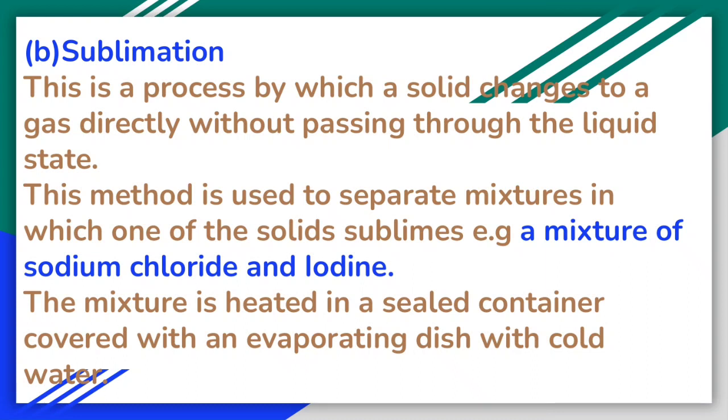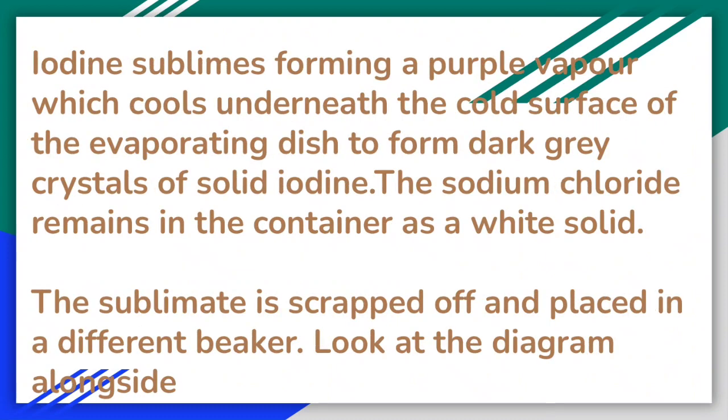So, this mixture is normally placed in a sealed container which is covered with an evaporating dish with cold water. What happens is that when you heat the iodine, which normally is shiny gray crystals, it changes immediately to a purple vapor as shown in this diagram.